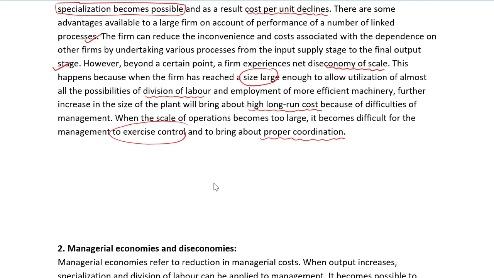Write about diseconomies, the technical diseconomies.